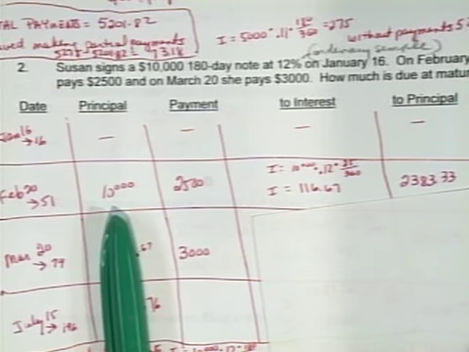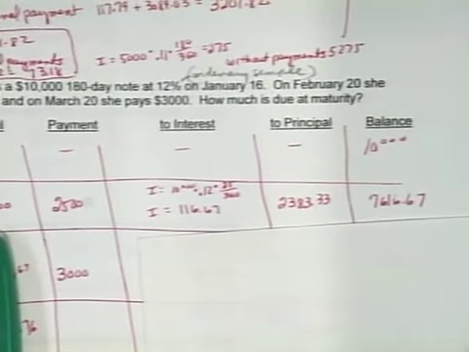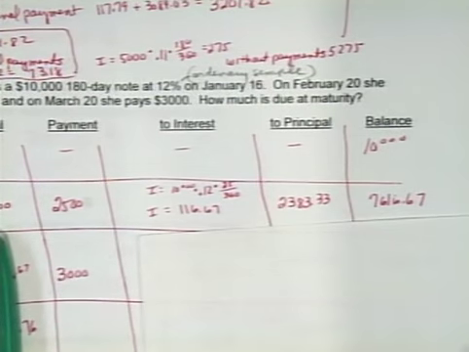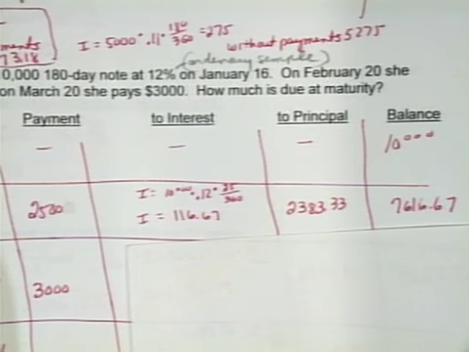So if $116.67 went to interest, how much went to principal? Take the payment, subtract the interest, and everything above interest went to principal. So I'm coming across here, and I've got that. The amount that went to principal is $2,383.33.